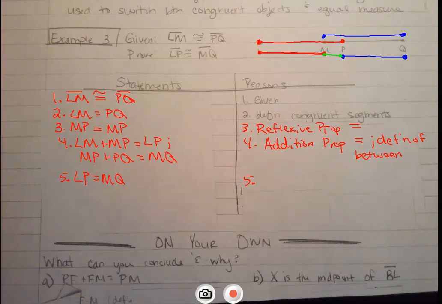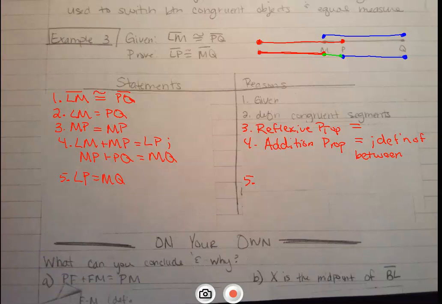I do not have symmetric. I just have the substitution property. Why did you think it was symmetric, Lucas? They switched.